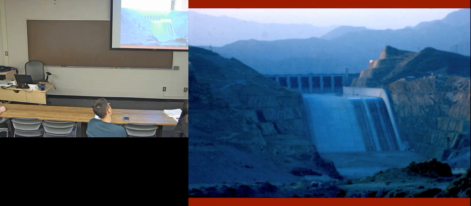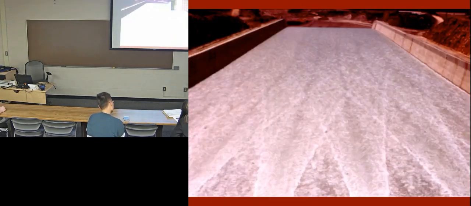You can also see some ideas of the layered rock in this region. And all right, so we're going to open the gate, and the water starts to come out, the rooster tails settling down, and the water running down the service spillway.